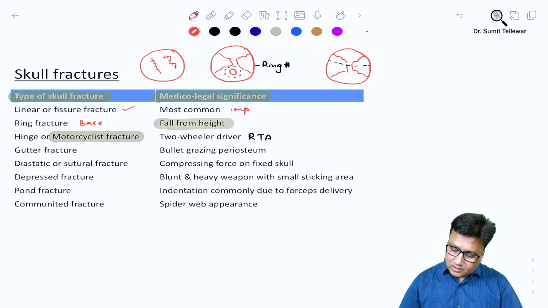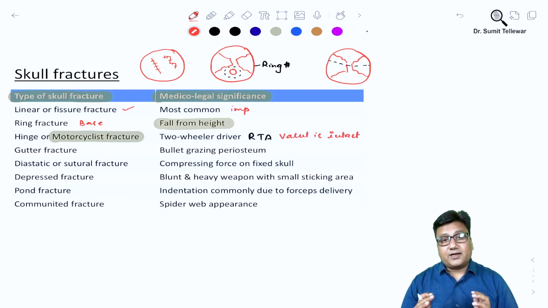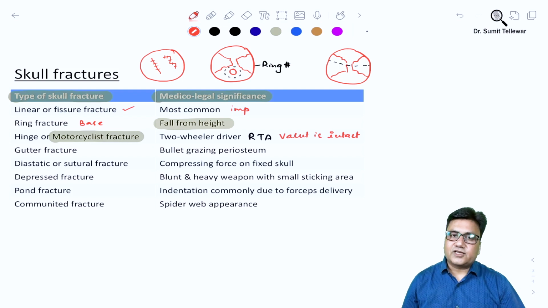Where the vault is intact. So the vault of the skull is intact, but the base is cracked, right? In the middle cranial fossa, a horizontal crack is there, dividing the base into an anterior and a posterior segment. This is called hinge or motorcyclist fracture.